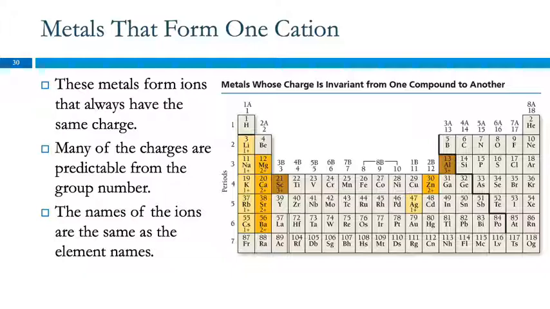And we do need to remember those. The names for the ions of these elements are just the element name. So if we have Al3+, that's just aluminum ion. We don't change the ending or put Roman numerals or anything. It's just the same.